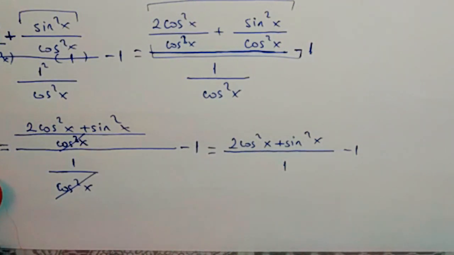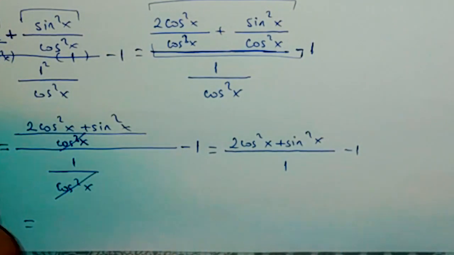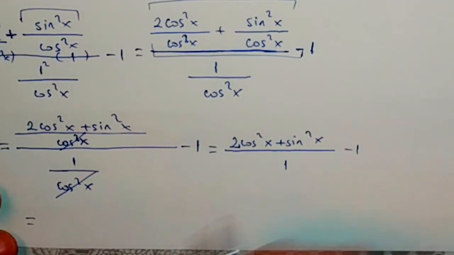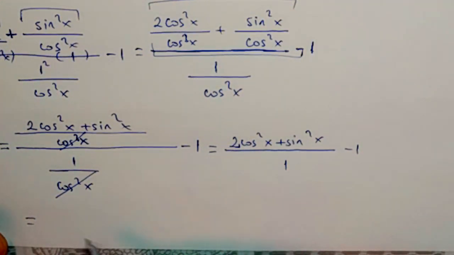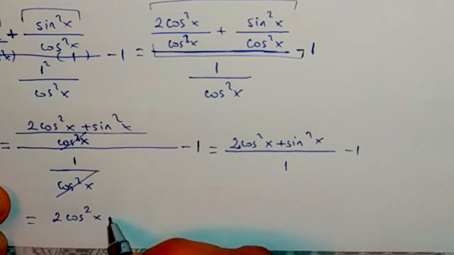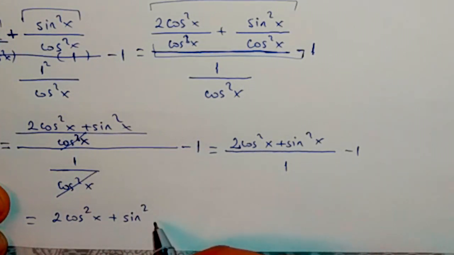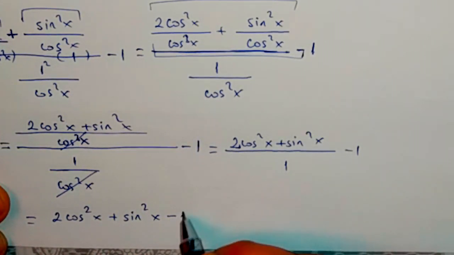Let's continue, 2 cosine square x plus sine square x minus 1.